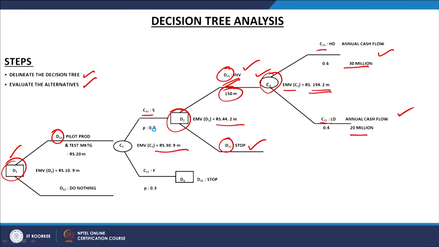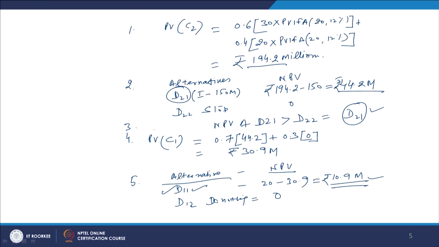then C11 is the success where the chances are 70%, so you make the investment of 150 millions. On the basis of this outcome of success, invest 150 millions and go for the commercial production.